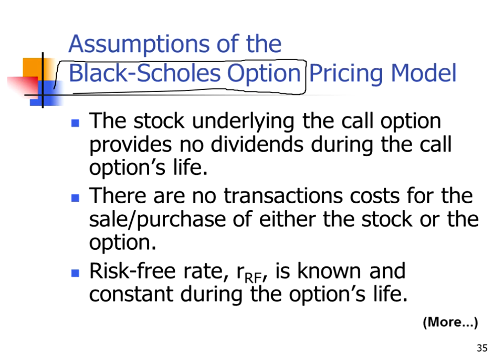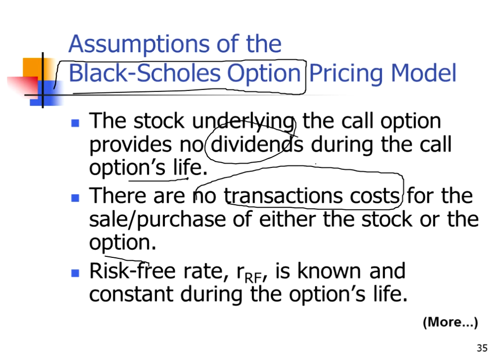So there are some assumptions for Black-Scholes option pricing. One is that the stock underlying the call option provides no dividend, so you're not adding dividends to the stock price during the call option's life. There are no transaction costs for the sale or purchase of either the stock or the option.